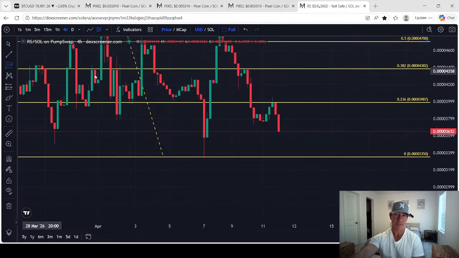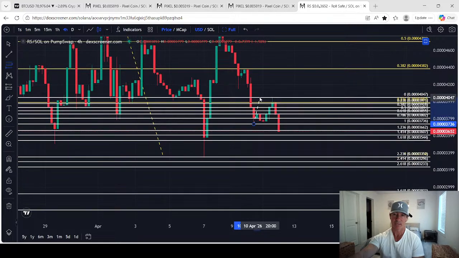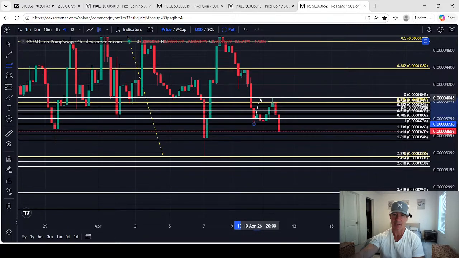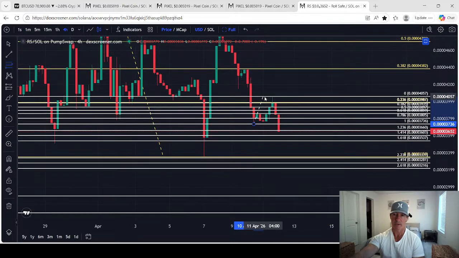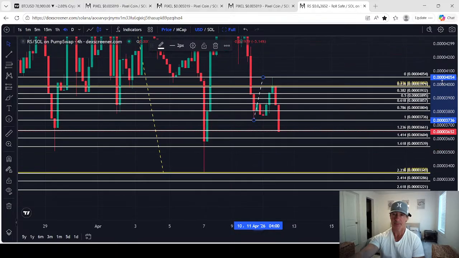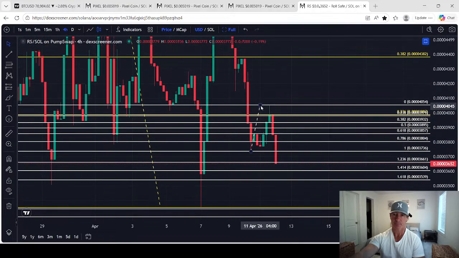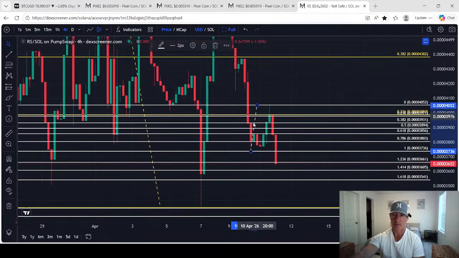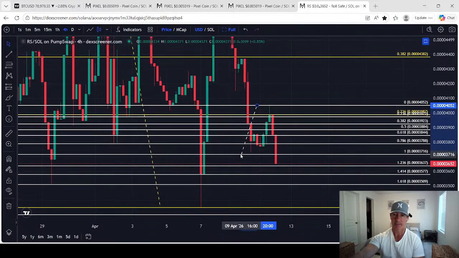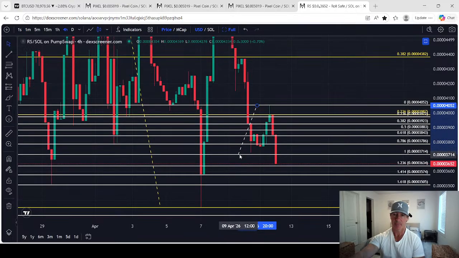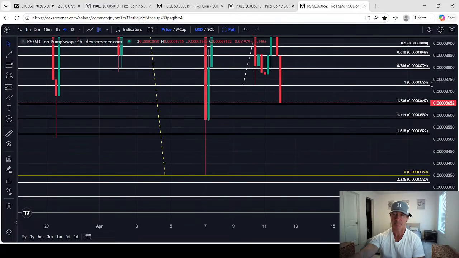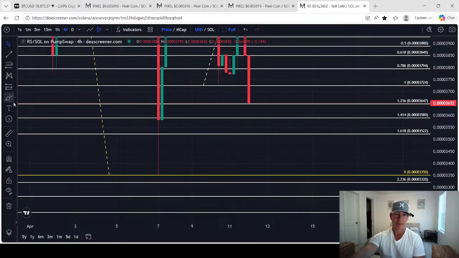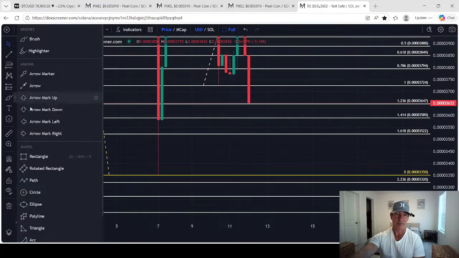So let's look for fibs for here. So I'll go from this low, since we're breaking that low, to this high of this little bounce that we had. Here to here. We want to find support in this level.